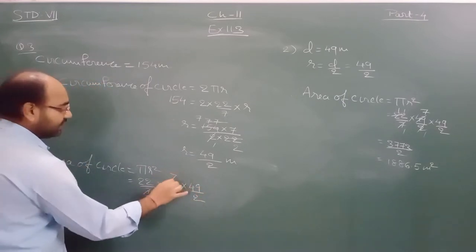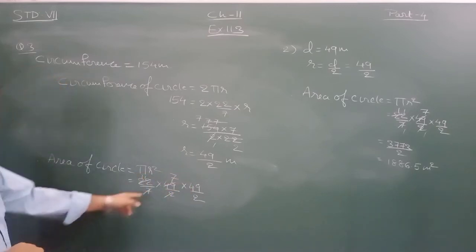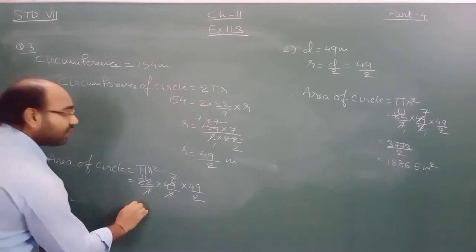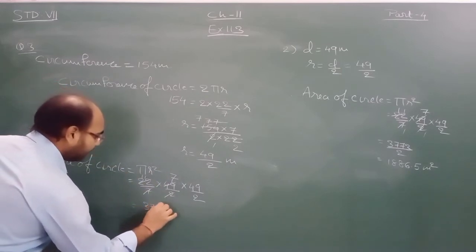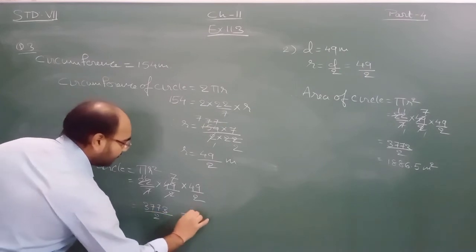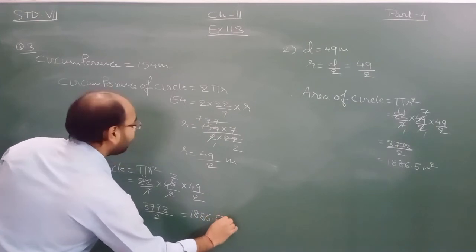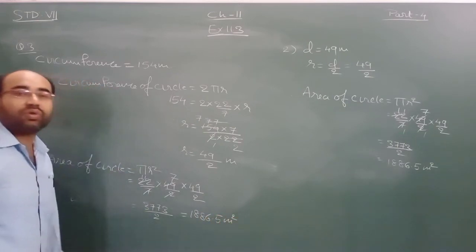So 7 ones are 7, 7 sevens are 49, 2 11s are 22. Now the same thing is being there, so our answer will come 3773 upon 2, which is equal to 1886.5 meter square.